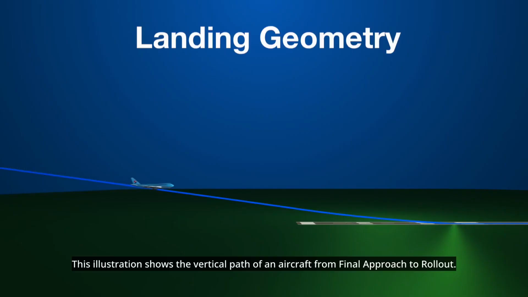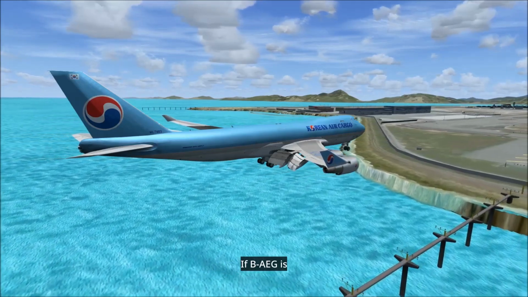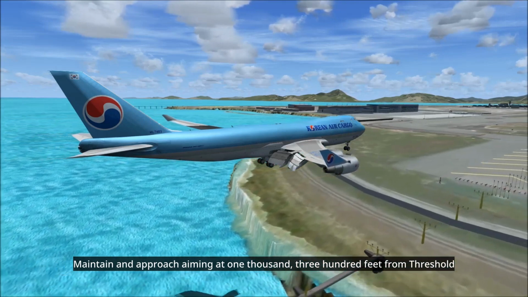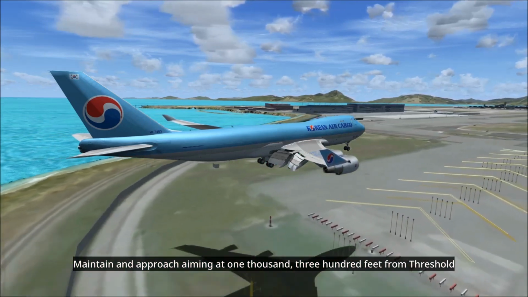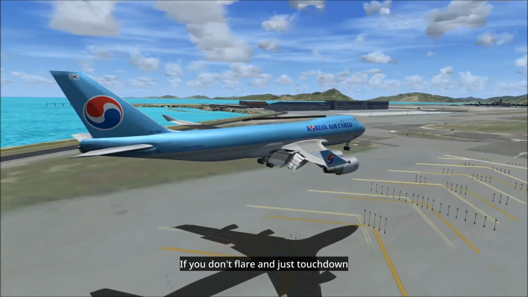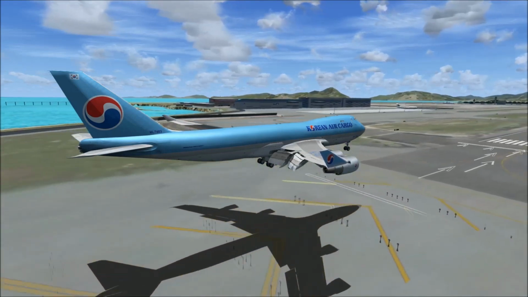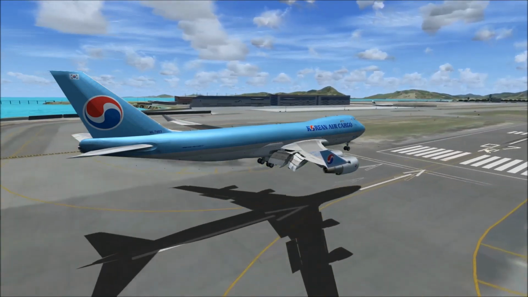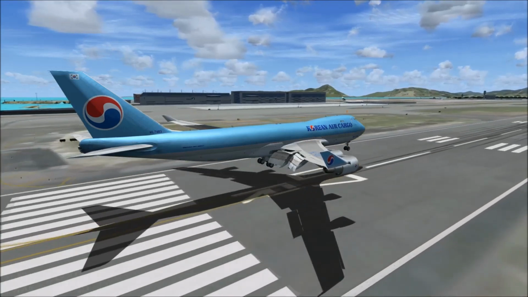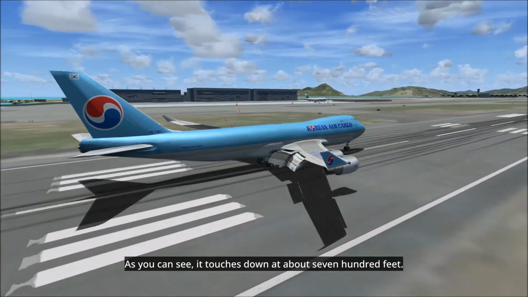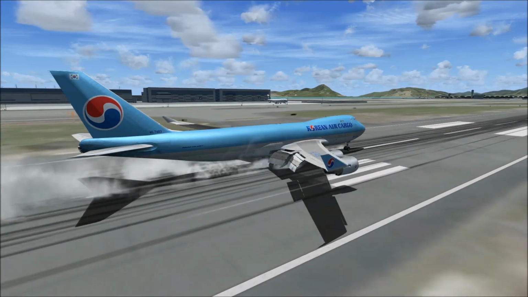This illustration shows the vertical path of an aircraft from final approach to rollout. If the approach is maintained aiming at 1,300 feet from the threshold and you don't flare and just touch down, where does the main gear touch the ground? As you can see, it touches down at about 700 feet.